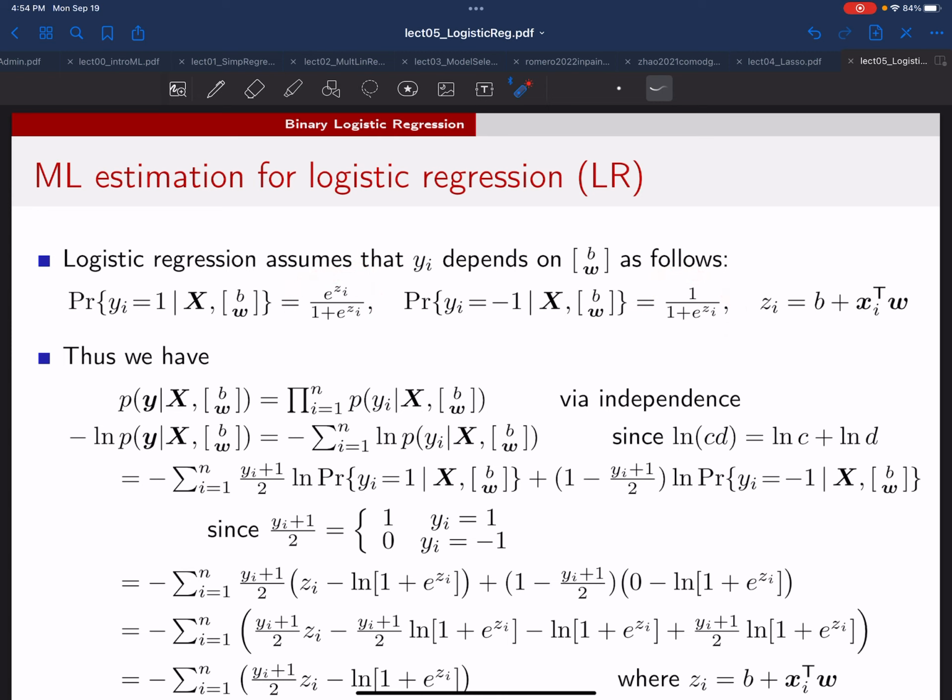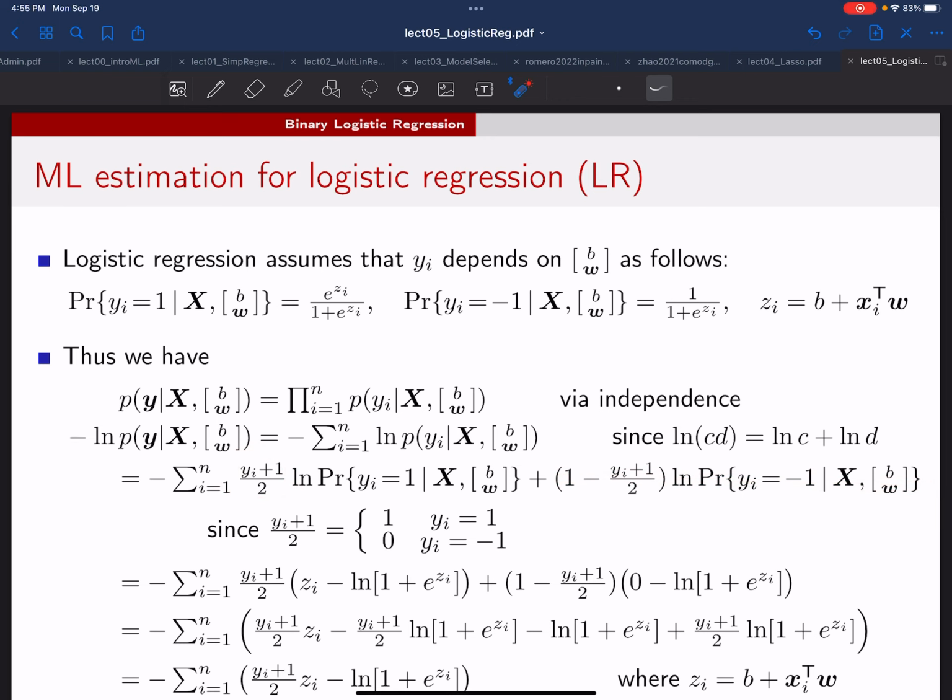And in both cases, you get a different expression. And so we can do this little trick. You can think about it as one-hot coding, or you can think about it as what I call switching variables. But we're going to introduce these switching variables here. So notice that when yi is either 1 or minus 1, then this quantity, yi plus 1 over 2, is either 1 or 0. So what happens is, when yi equals 1, this guy comes alive, and this goes to 0, so this whole thing goes away.